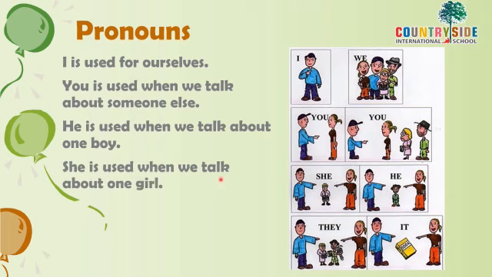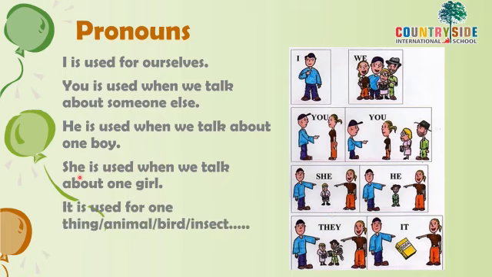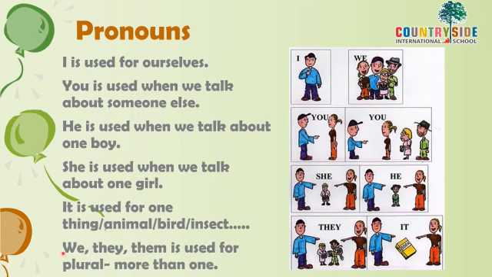She is used when we talk about one girl. When we are talking about any one girl, we use the word she. She is a pronoun used. It is used for things, animals, birds, insects, etc. Here the book is given and it is used.